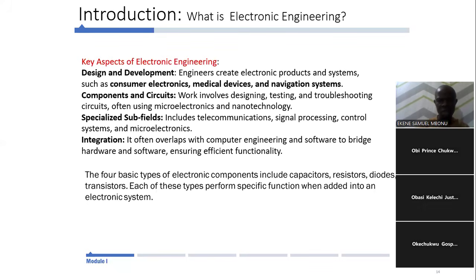As we progress, you will discover that there are four basic types of electronic components. The four basic types are capacitors, resistors, diodes, and transistors. So if anyone is going to master electronics, that person must be grounded in these areas.